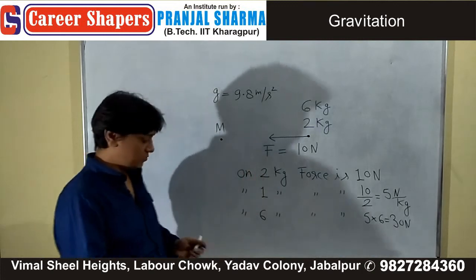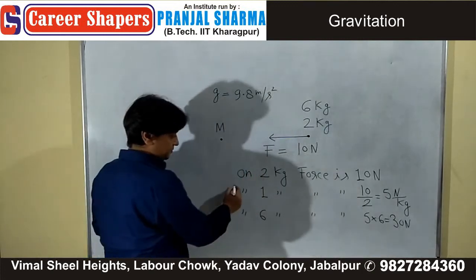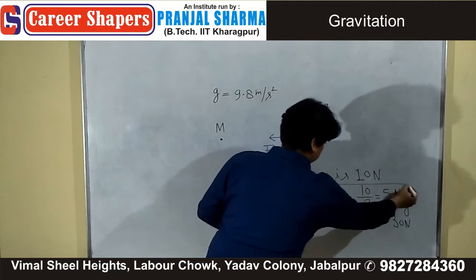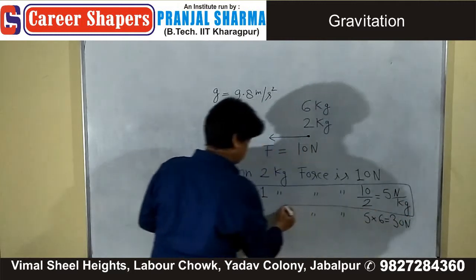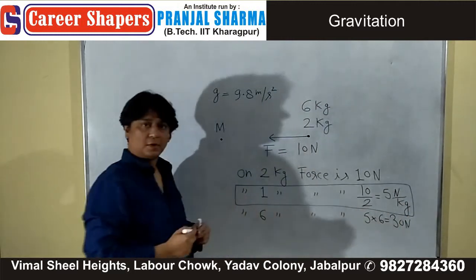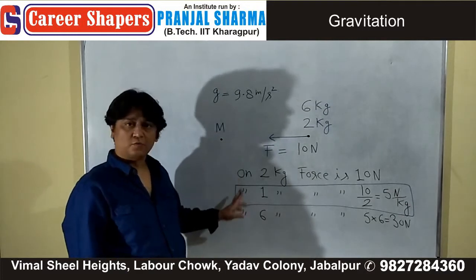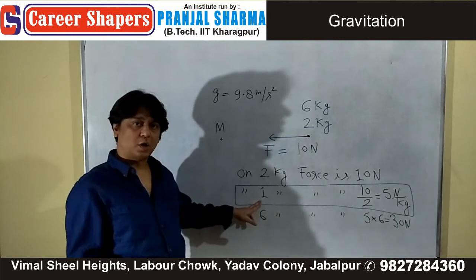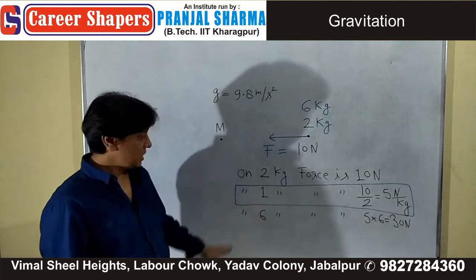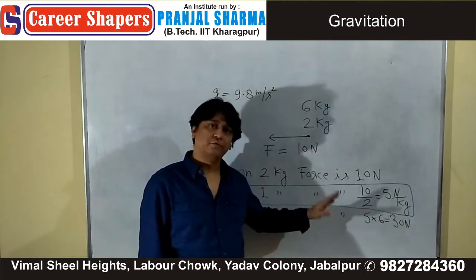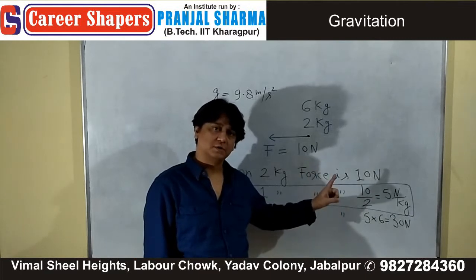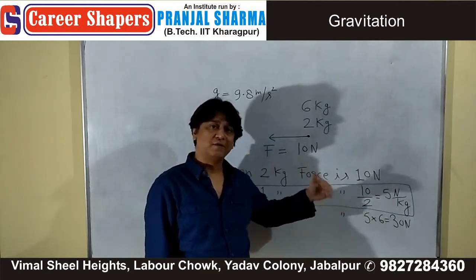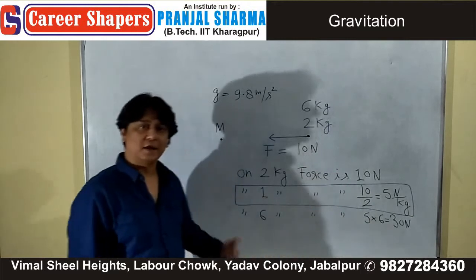But now look at the intermediate step, this one. This is force on 1 kg, which is unit mass. If you have information of force on unit mass, then you can find force on any other mass.